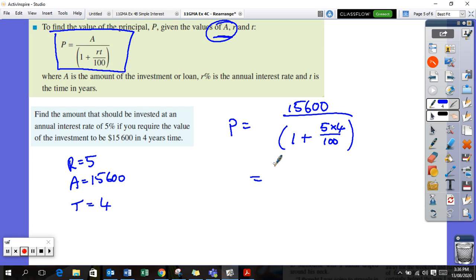Okay, so we've got to go 15,600 divided by bracket 1 plus 5 times 4 divided by 100, close bracket, and we get $13,000. So we have to start off with $13,000, and if we want to build it up to 15,600 in 4 years at 5%.